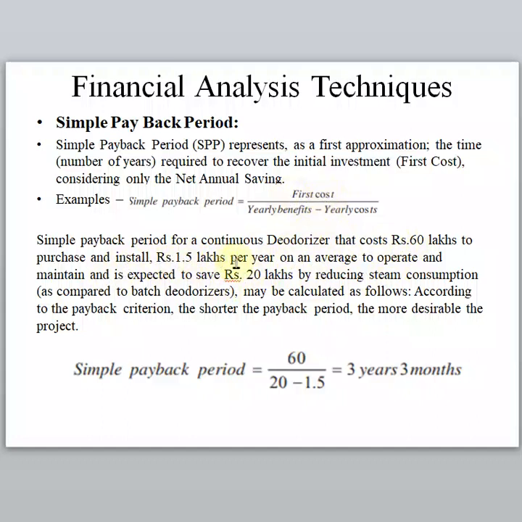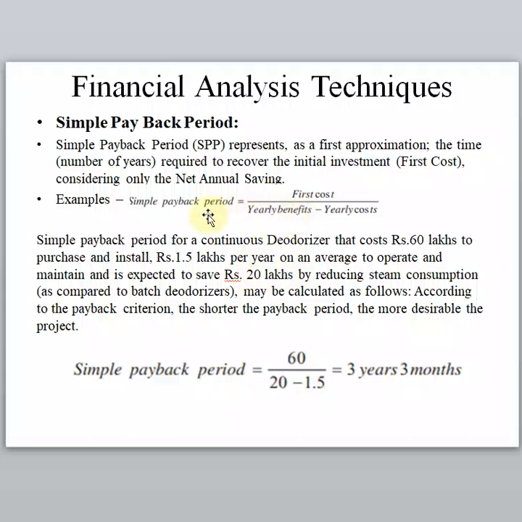Then 1.5 lakh per year is nothing but your yearly cost, which is in the denominator, and it is expected to save rupees 20 lakhs by reducing steam consumption. So here steam consumption is nothing but your yearly benefits.